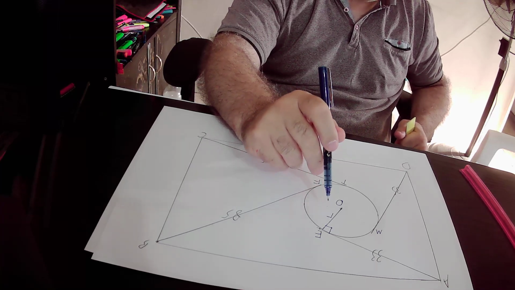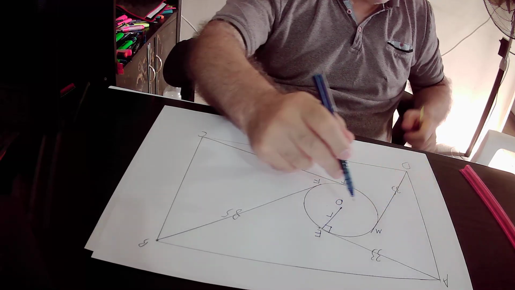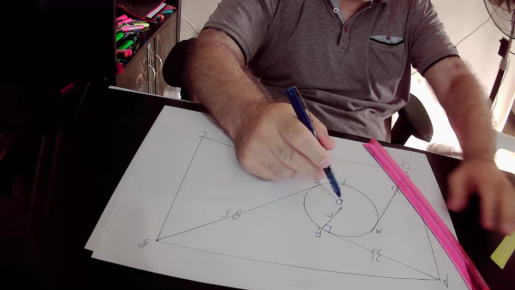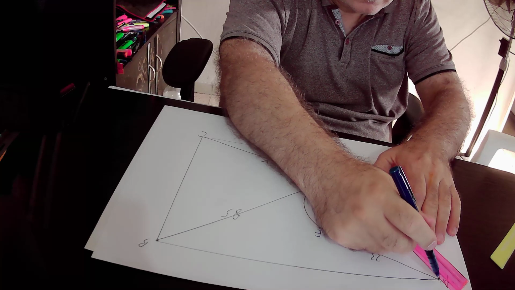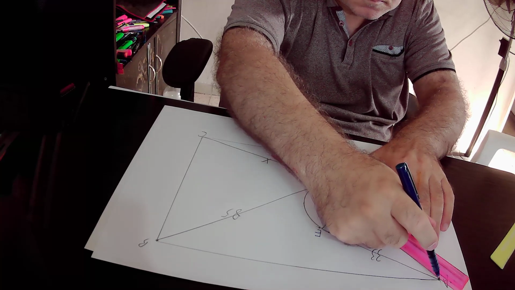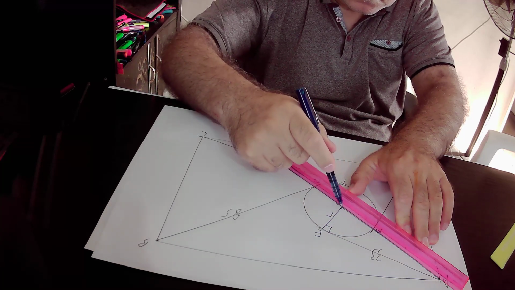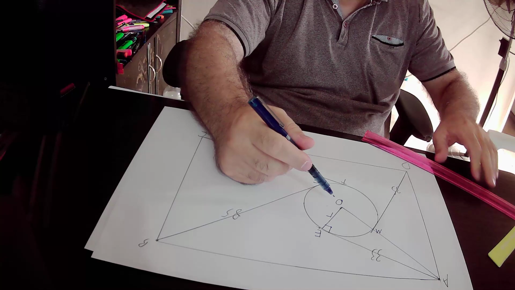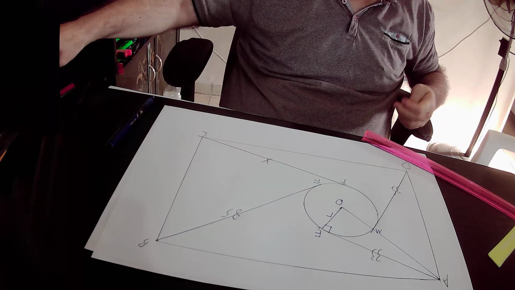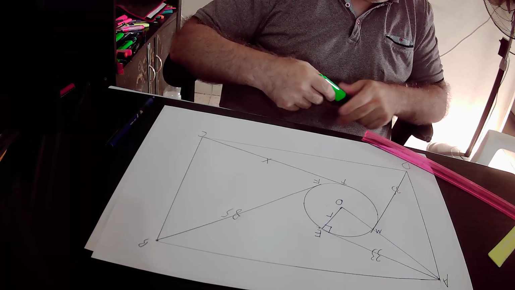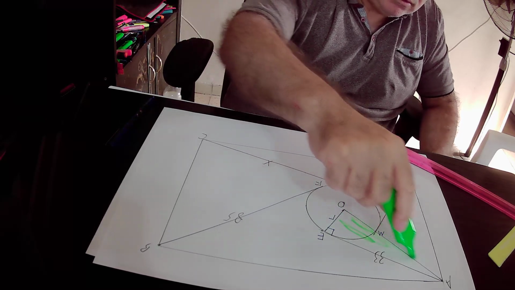We will join points A and O together by a straight line. By joining points A and O, we actually created here the green right triangle, triangle AOE.